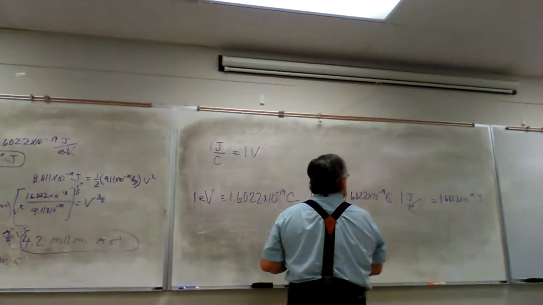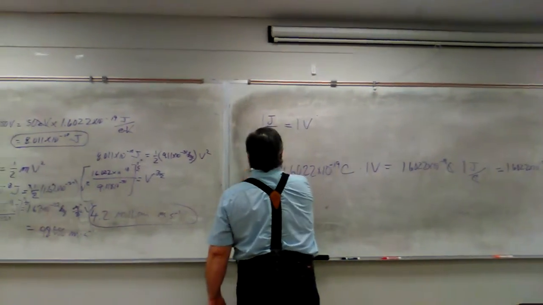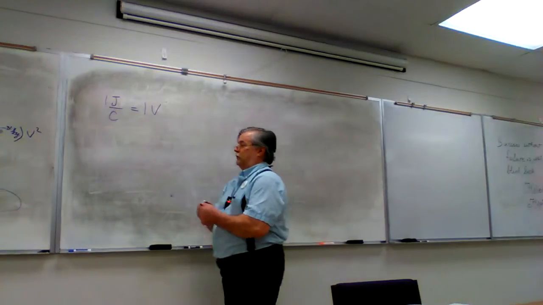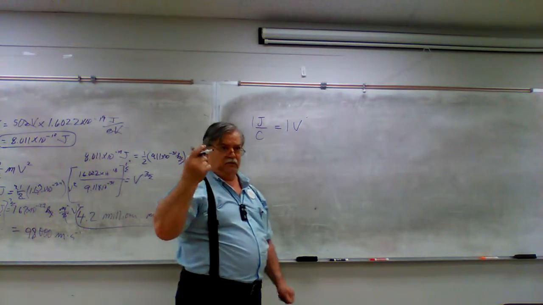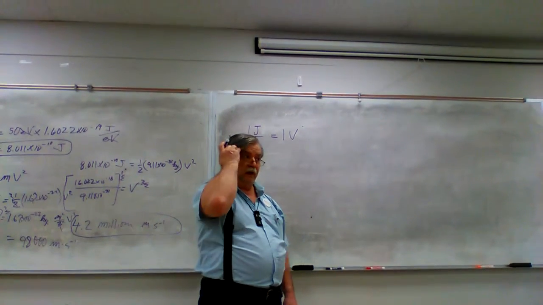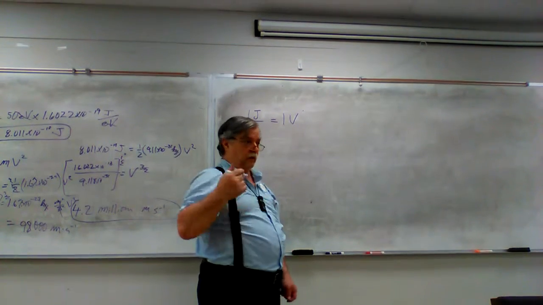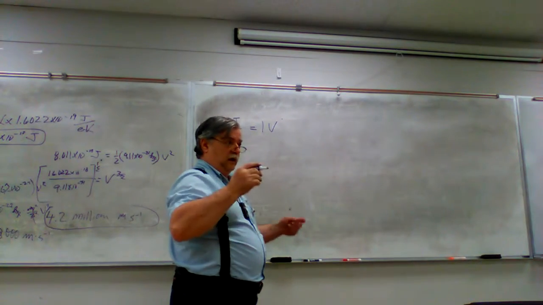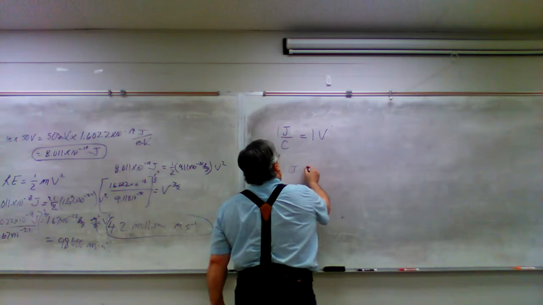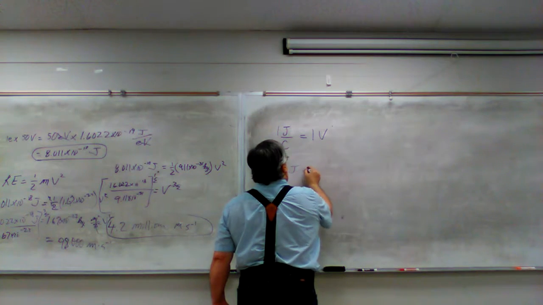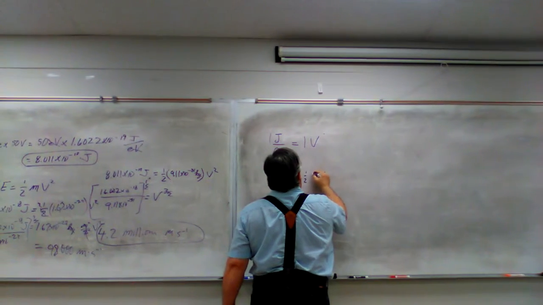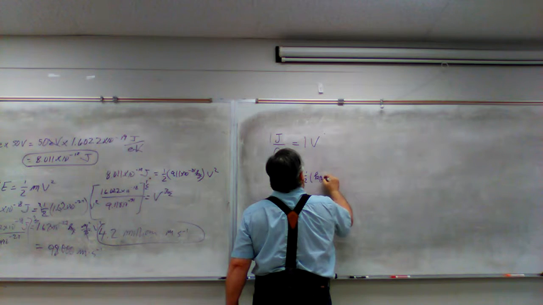Let's look at these units. We have joules. When we multiply the charge of one electron across 50 volts or across some potential, we end up with electron volts, which are joules. And we set that equal to 1/2 mass, which is kilograms.